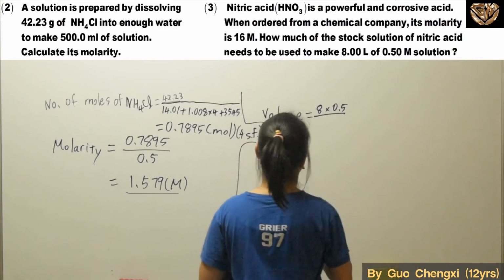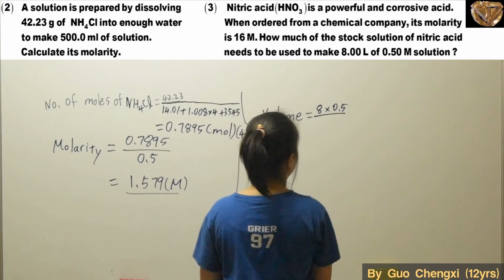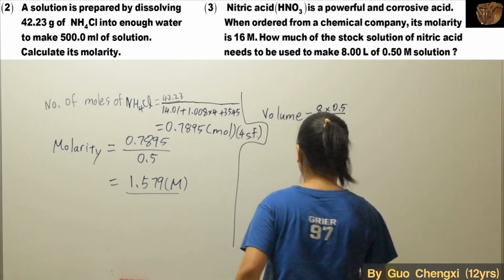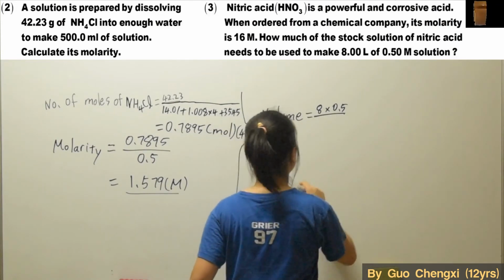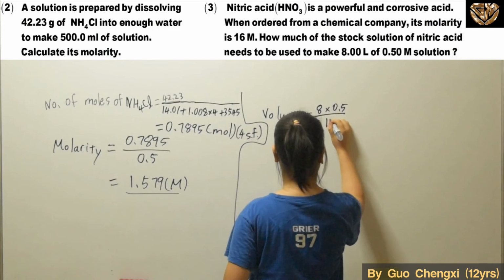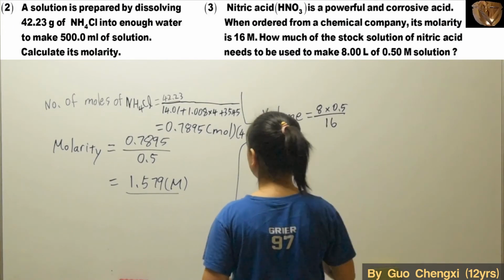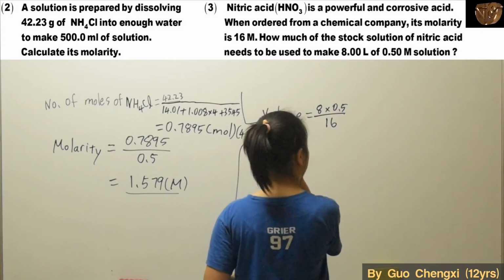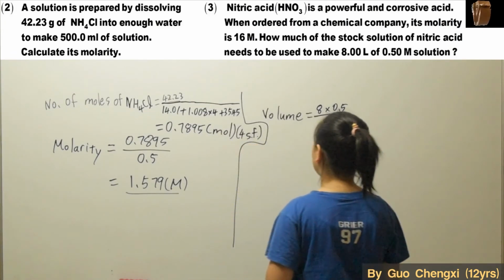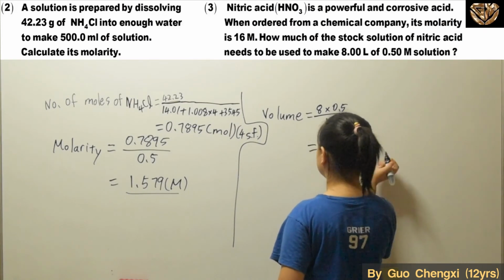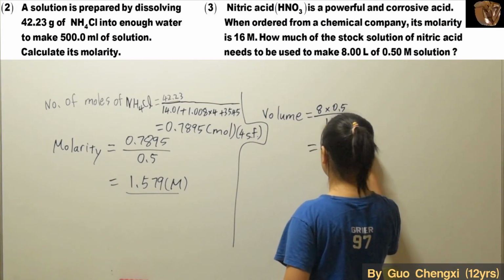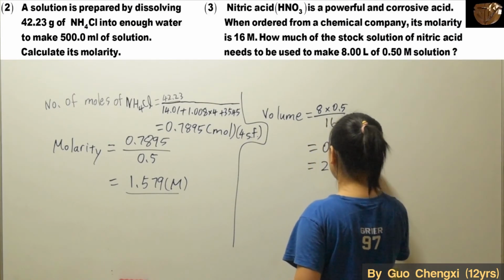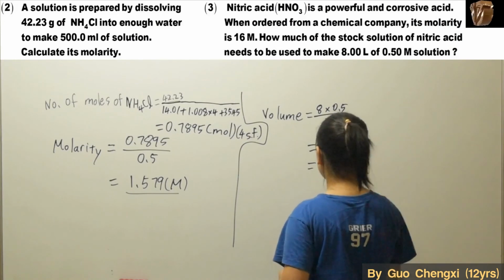This is the number of moles of the solute that we got from this, and it is divided by 16 from the part above, because the 16 is the molarity. When you do this together, you can easily get 0.25 liters, or you can put 250 milliliters.